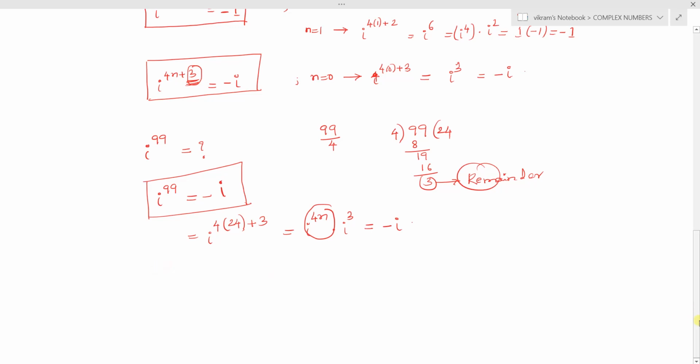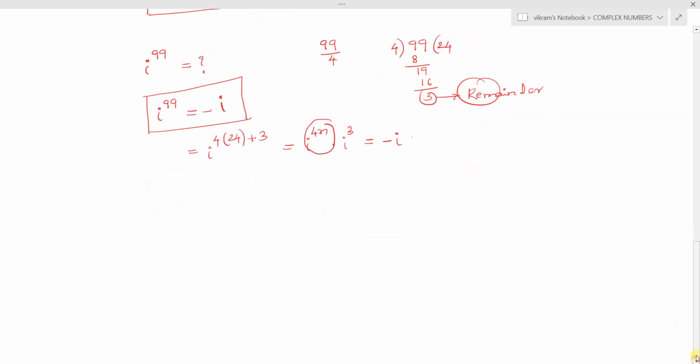So again I am simplifying. Next example, I am considering the next example. Find iota power 501. Simply divide 501 by 4.